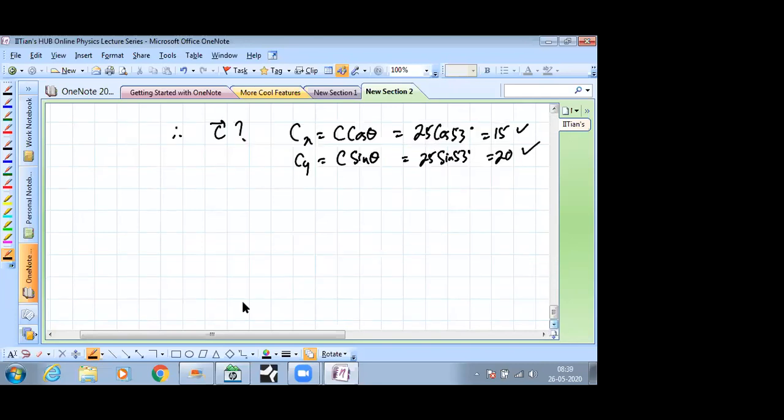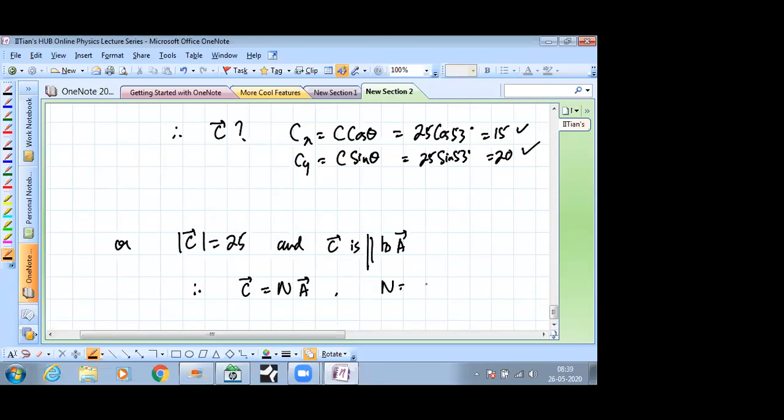Or we can do it by this method: the magnitude of C is 25 and C is parallel to A. Therefore, C should become some n times A, where n becomes mod C by mod A. So mod C was 25 and mod A was 5.